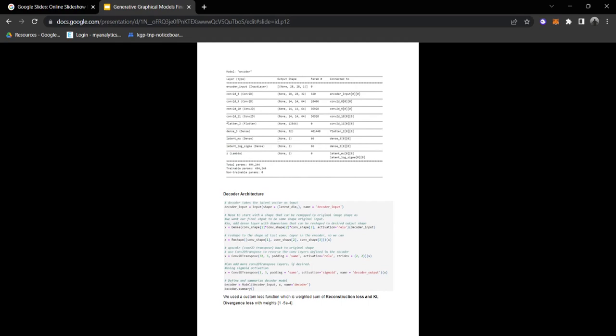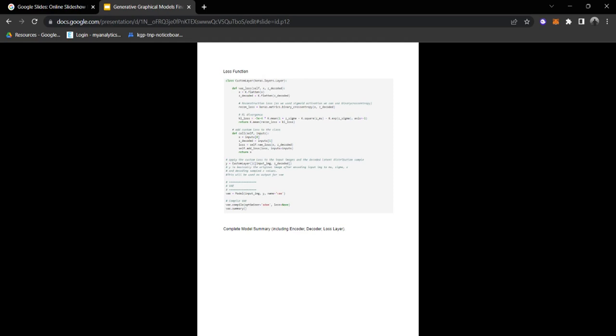Now let's discuss the decoder architecture. As we discussed, the decoder takes as input the latent variable z and produces output x, which is similar to the input. Now we need to discuss the loss function. The loss function of a VAE is a weighted loss between the reconstruction loss and the KL divergence loss.